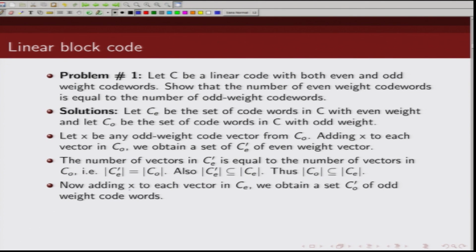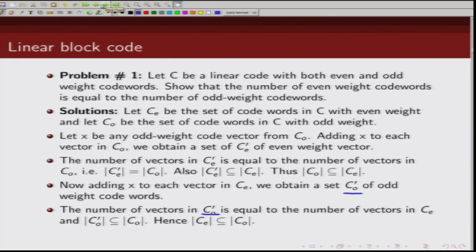Next, let us add the same odd weight code word now to all the vectors in the set C_E. If we add an odd weight code word to the set of even weight code words, what we will get is a set of odd code words.